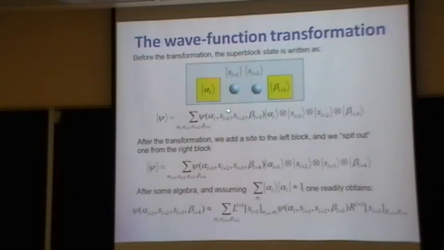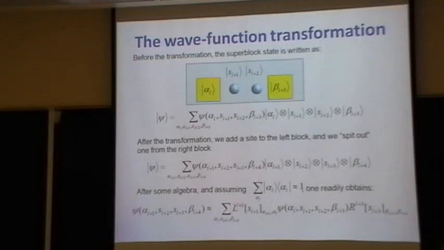And these are the coefficients. And now we want to write this wave function for the next step as this, where these coefficients are related to the previous coefficients somehow. And the way to do it is by simply applying this transformation on these coefficients.